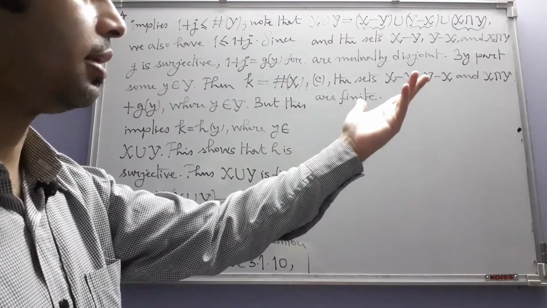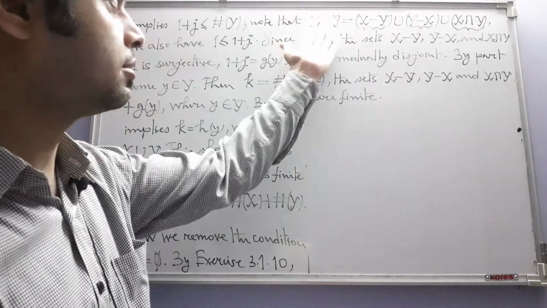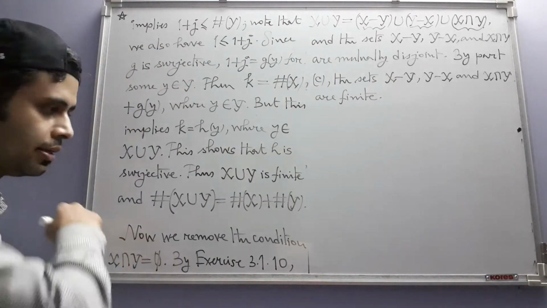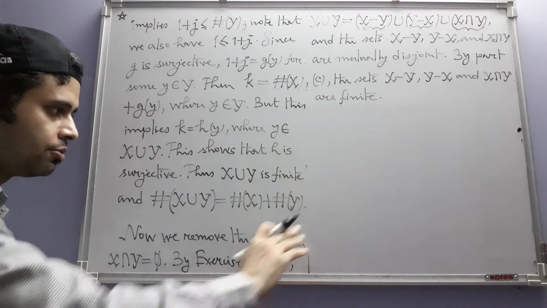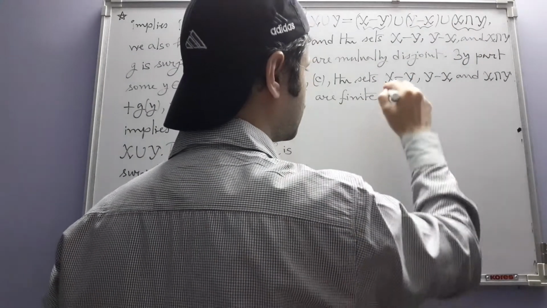So all these sets are finite. They are mutually disjoint and their union is this. So we can apply whatever we have proved here 2 times to take care of these 2 unions.